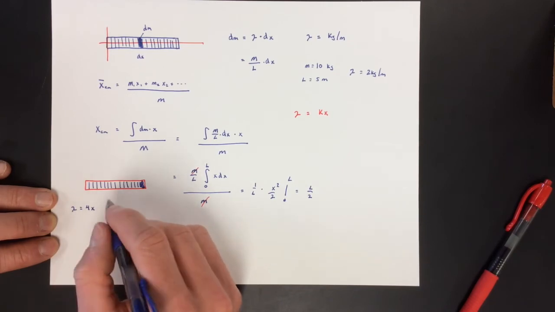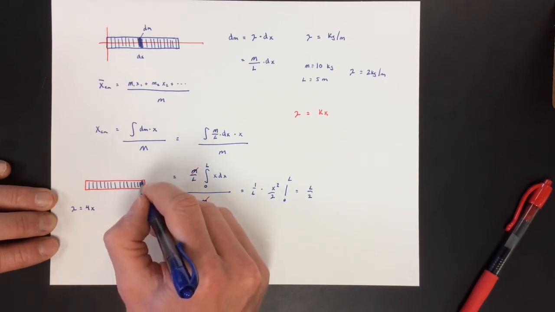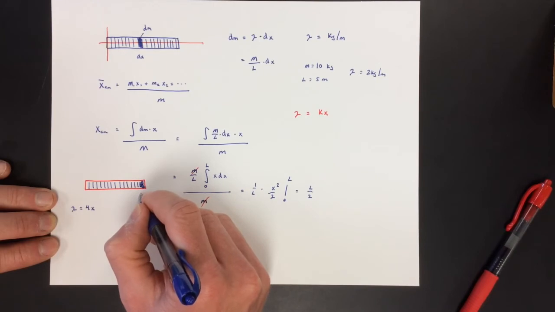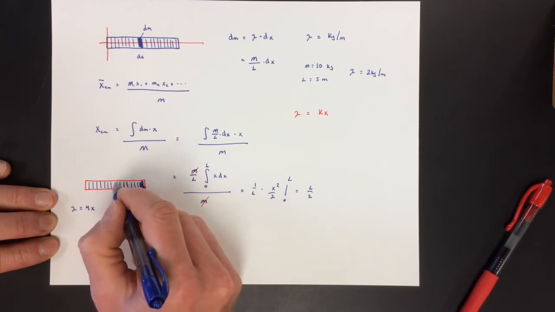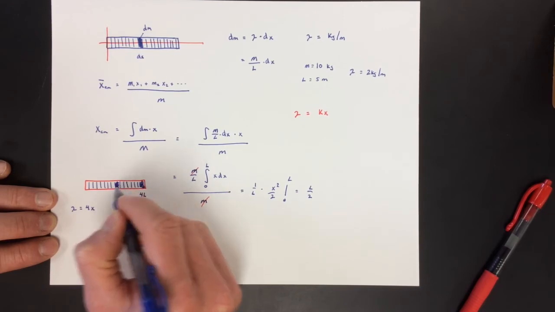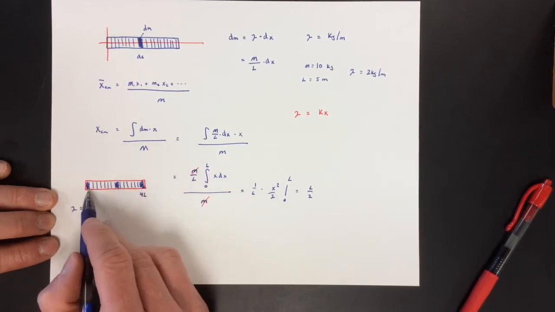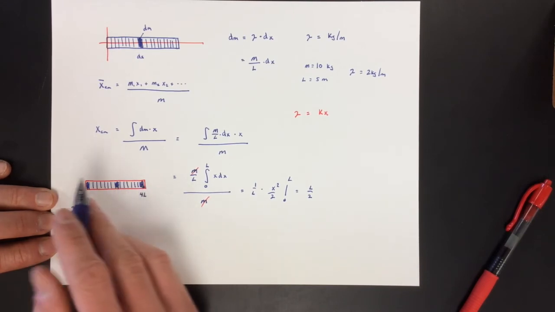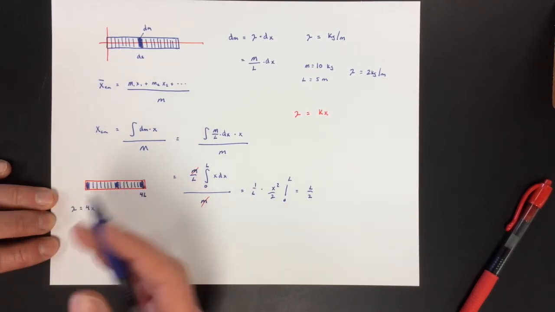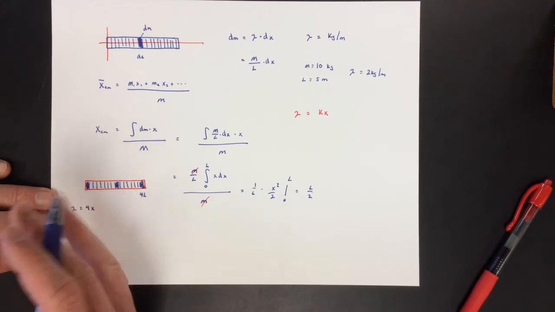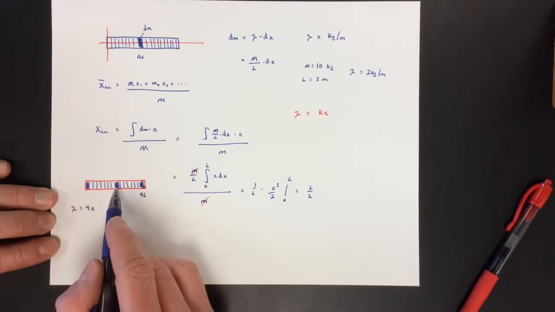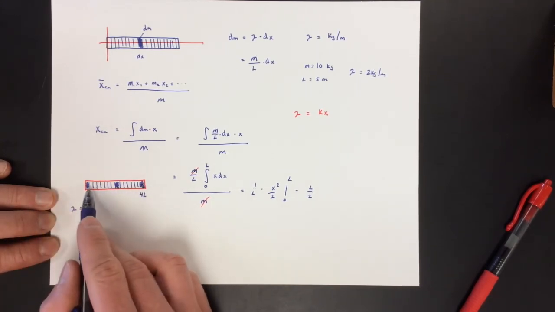That would mean that the density here, when x is equal to L, is 4L, and the density here would be half as much, and the density here is almost nothing. So each one of these pieces has the same thickness, but they have different densities, so they have different masses, and so the center of mass is not going to be in the center. It can't be in the center because this doesn't cancel with this anymore.